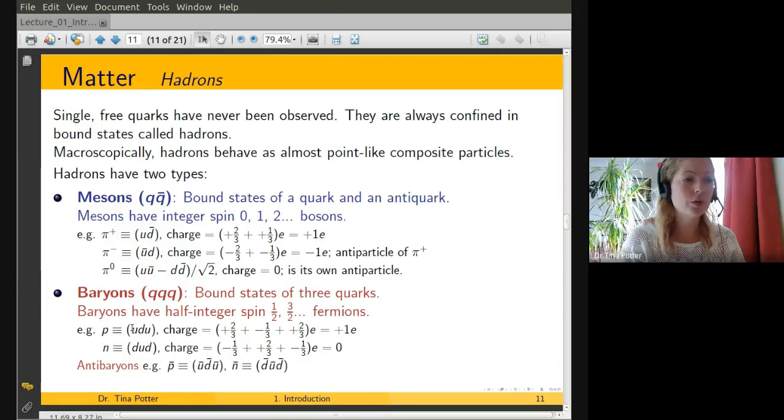So we've got the proton, which we've discussed, up, down, up, and the neutron, DUD. So again, if you struggle to remember this, the neutron is neutral, i.e. dud, and the proton is 2 of the other and 1 of the other flavor. So anti-baryons, we do have antiprotons and antineutrons, and there's a wonderful, actually an anti-hydrogen experiment using antiprotons at CERN. And that's a bound state of 2 anti-ups and an anti-down.